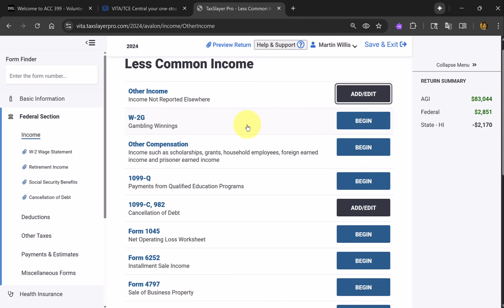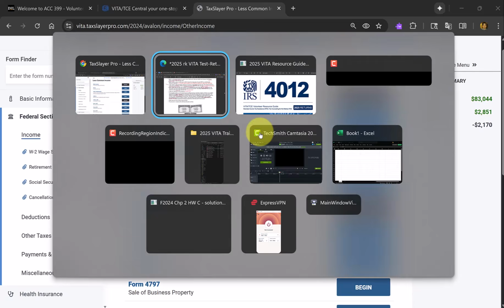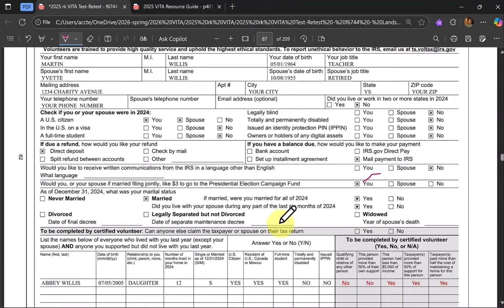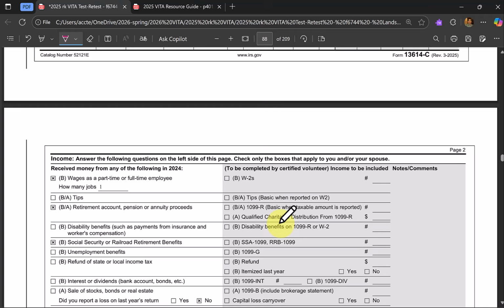Did I pick up all the income? Let's confirm by looking at our intake sheet. I should be going down each item that's checked off here. We had one W2 form, yeah? One that we've already completed for Martin. Retirement income, we had one 1099-R form.